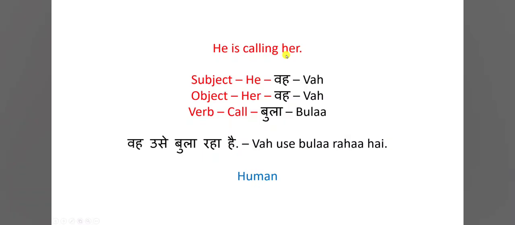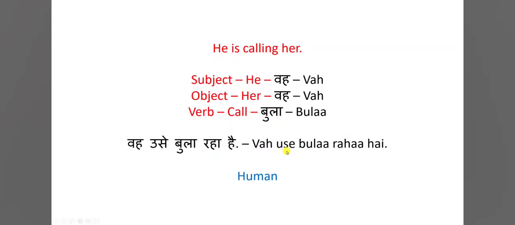And so, we need to add the postposition ko to the object. And you know that वह plus ko is उसे. You can go back and refer to table number 1, the first table that I showed you in this video.